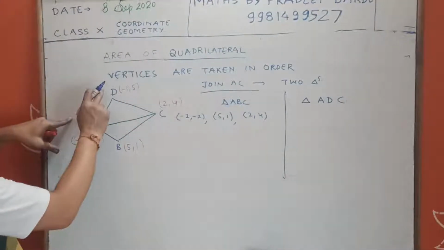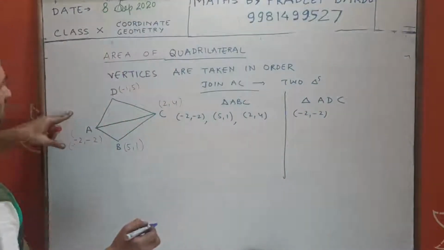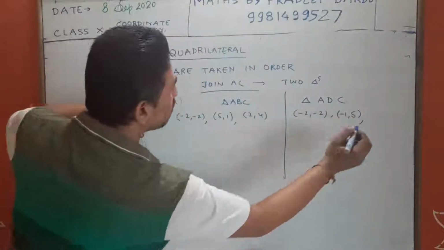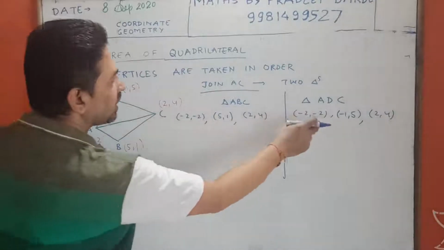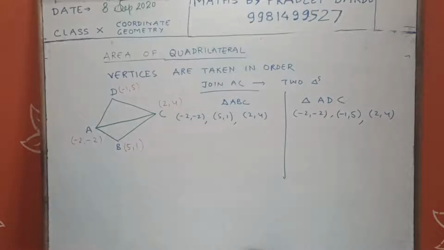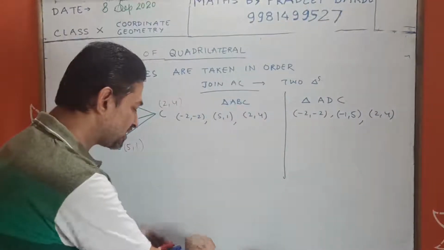And here ADC is written, so (-2, -2), then (-1, 5) and (2, 4). Okay, ABC, ADC. Now we'll find the area of triangle ABC and also the area of triangle ADC by using the same formula.